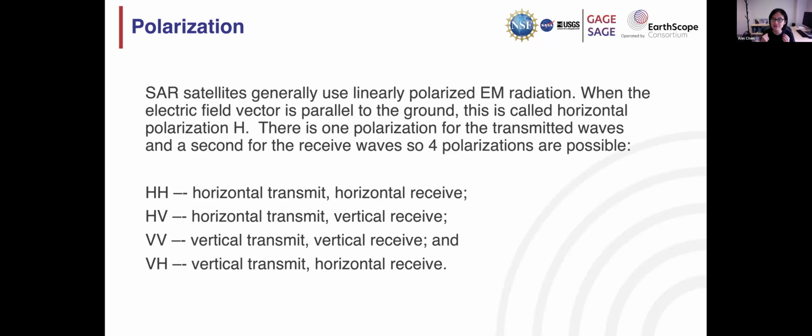But for two targets that are different, sometimes they might look the same in one particular channel, but not the same in the other one. So when you have multiple polarizations, you can actually form a false colored image that allows you to do better classification of what is on the ground.